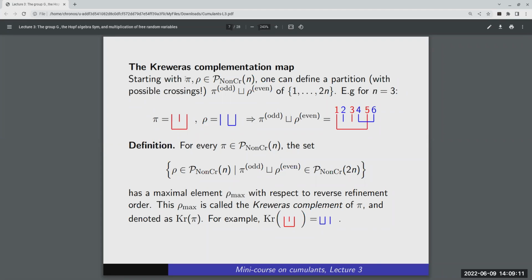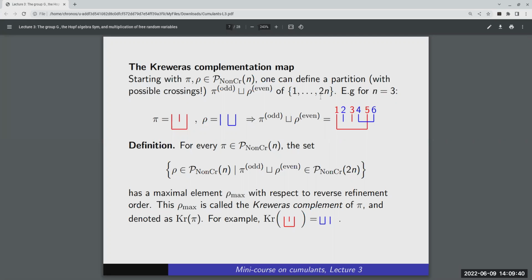You do the following game. Somebody gives you 2 non-crossing partitions of n points, pi and rho. You can take pi and place it on the first odd positive integers, 1, 3, 5, up to 2n minus 1, and you can take rho and place it on the first n even integers, 2, 4, 6. Together, this gives you a partition of 1 up to 2n.